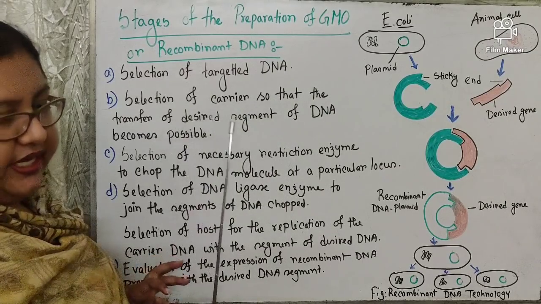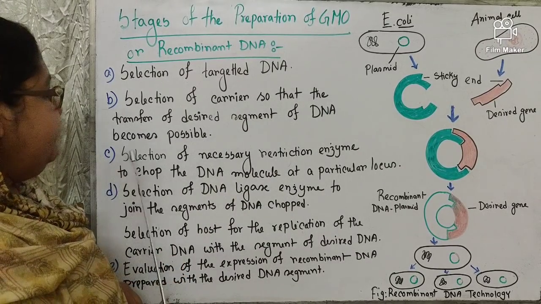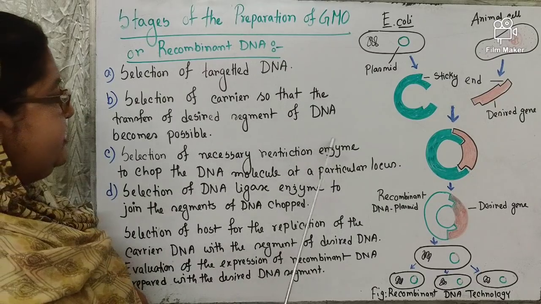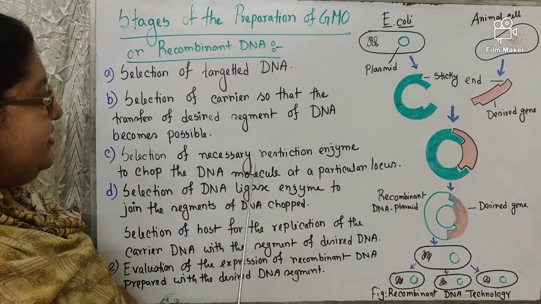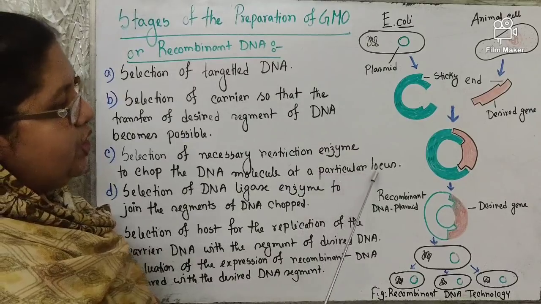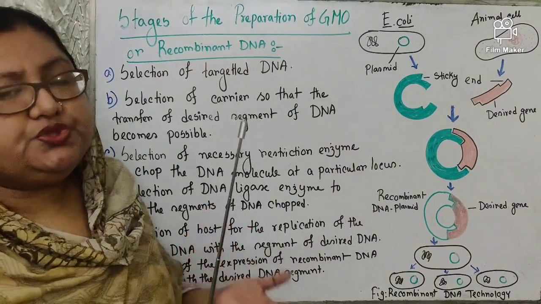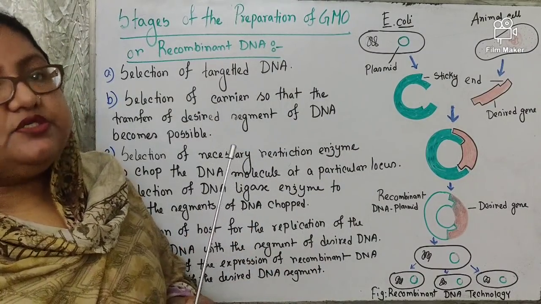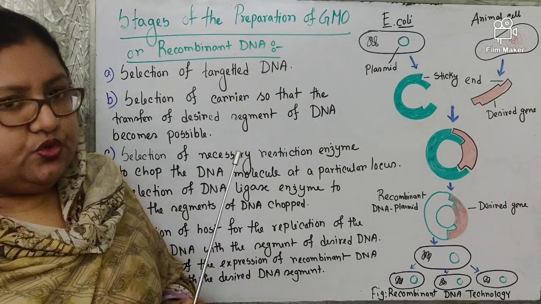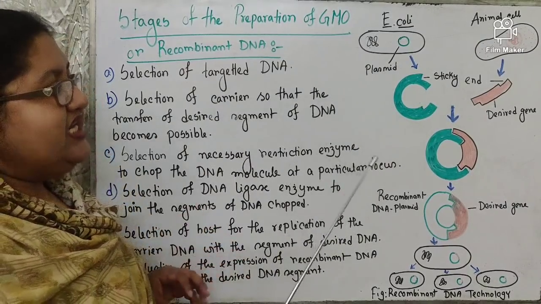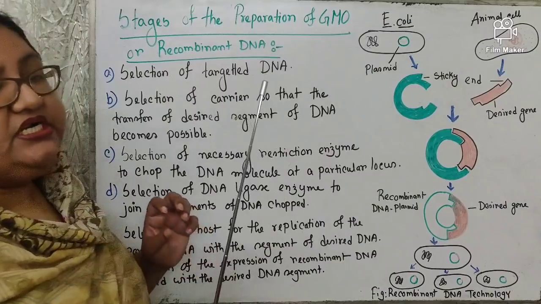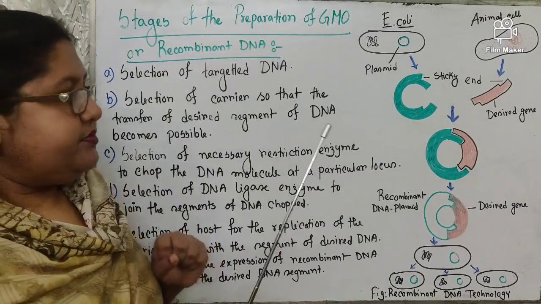Okay? Then, the next point, selection of necessary restriction enzyme to chop the DNA molecule at a particular locus. Now, what is restriction enzyme? There is a special enzyme which is used to chop or to cut the DNA molecules at a particular locus.